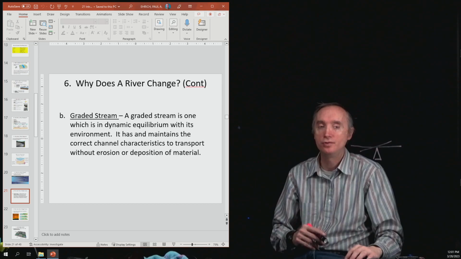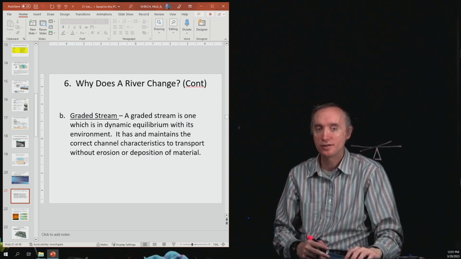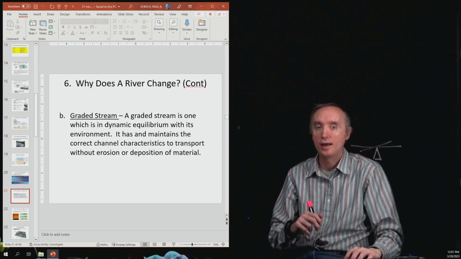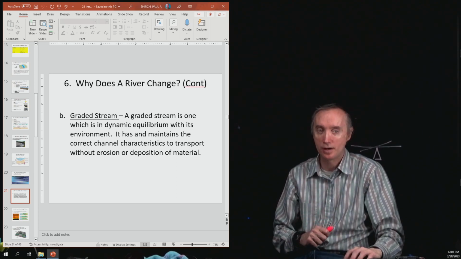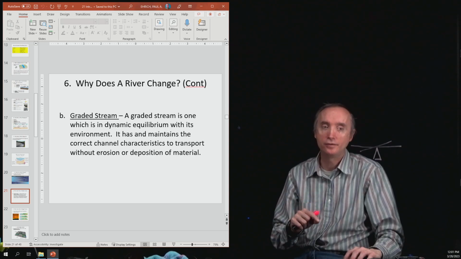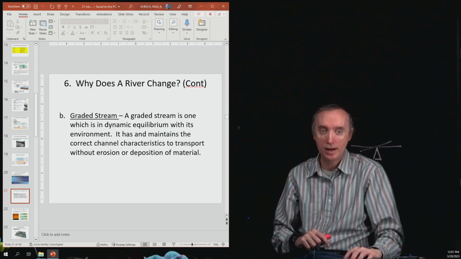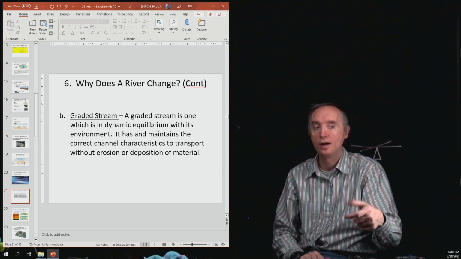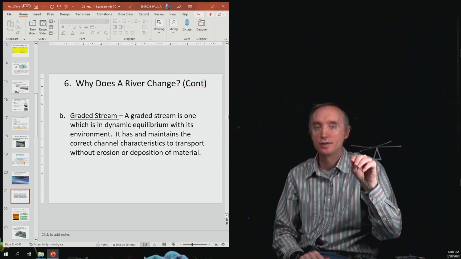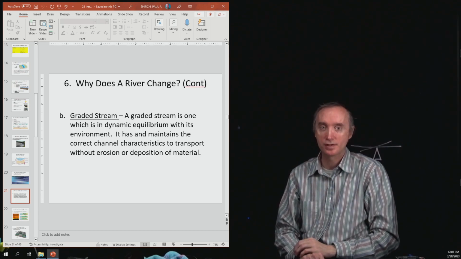It's going to want to transport its material, and it's not going to want to erode, and it's not going to want to deposit. So if you upset this balance, it's either going to erode or deposit until it gets back to this dynamic equilibrium state.